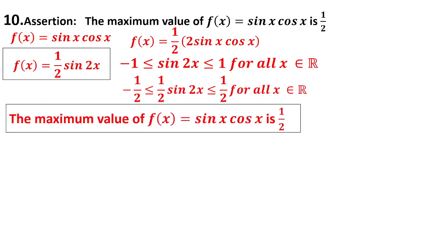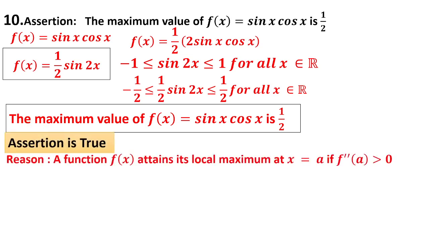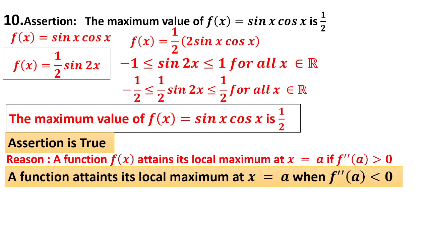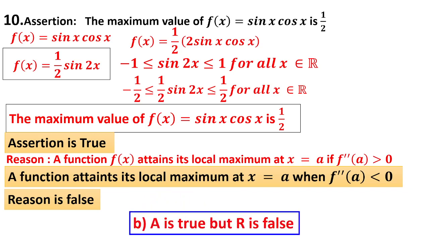Therefore, maximum value is 1 by 2. Therefore, assertion is true. What is the reason given? A function f of x attains its local maximum when f double dash of a is 0. No, a local maximum will be attained when the second derivative is negative. Therefore, reason is false. Therefore, assertion is true, but reason is false.